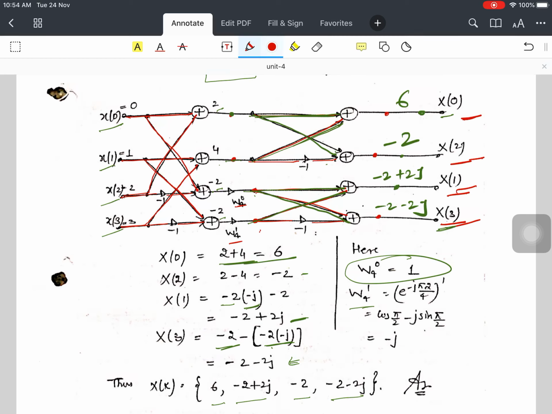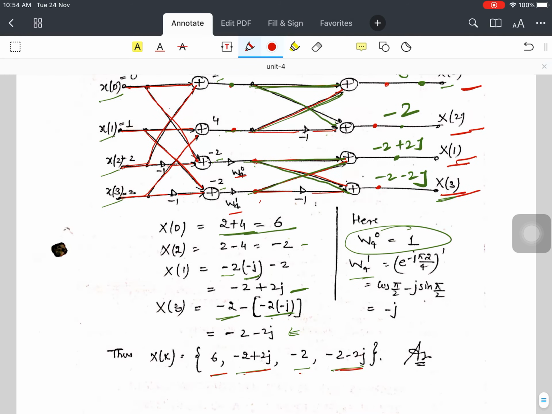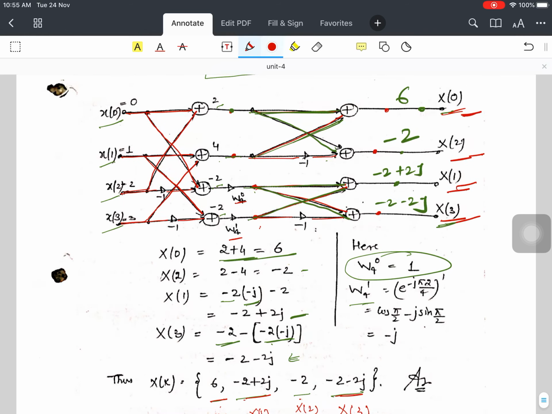When you write it down as X(k), it starts from X0, X1, X2, X3. So X0 is 6, X1 is minus 2 plus 2j, X2 is minus 2, and X3 is minus 2 minus 2j.